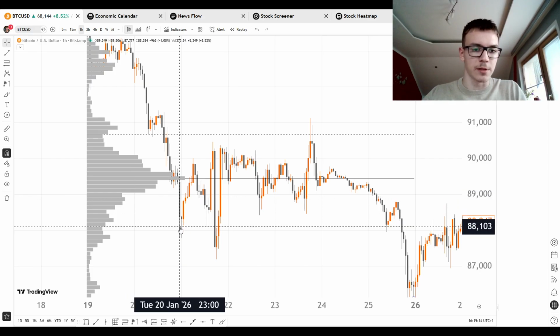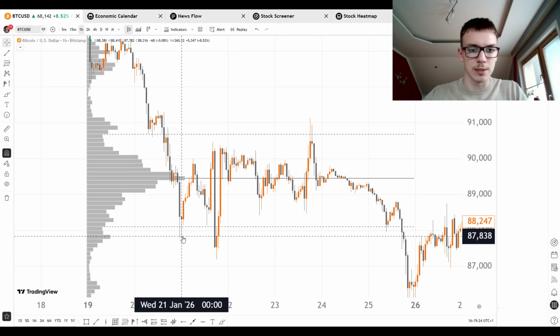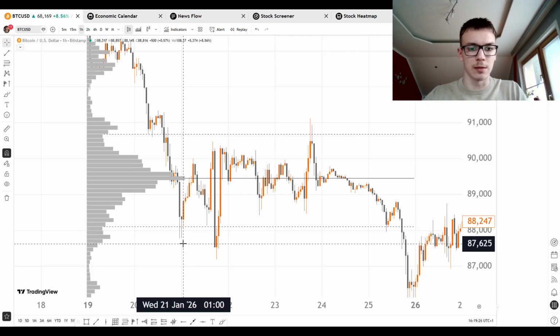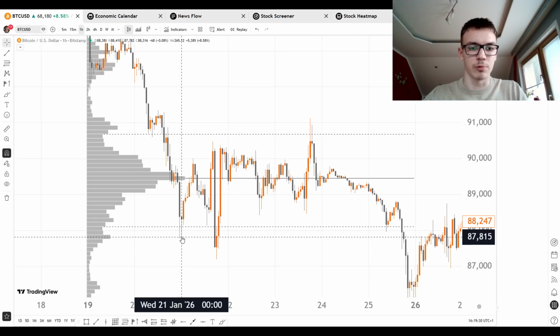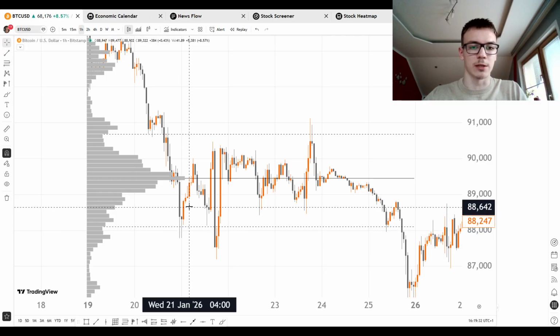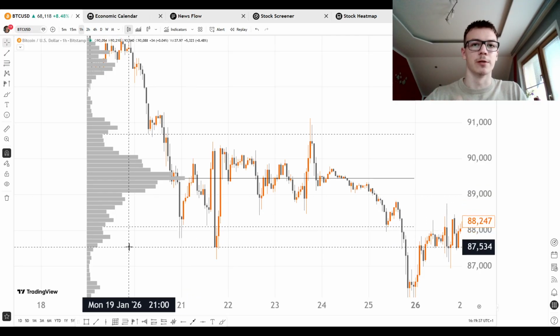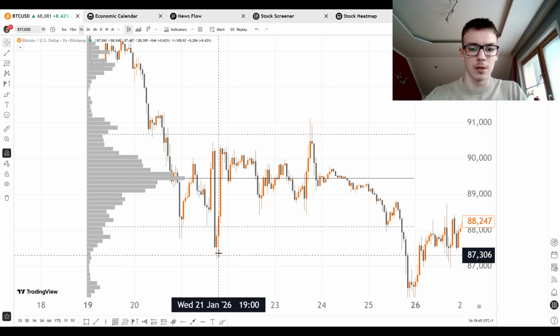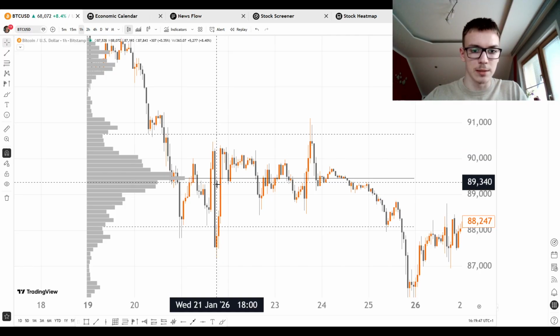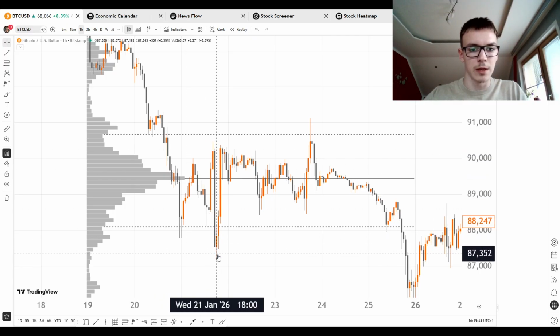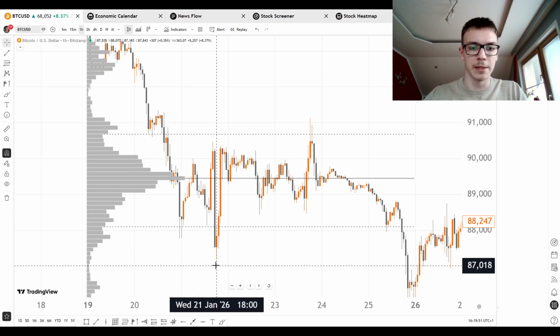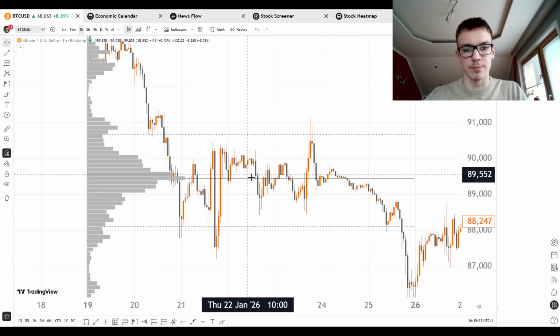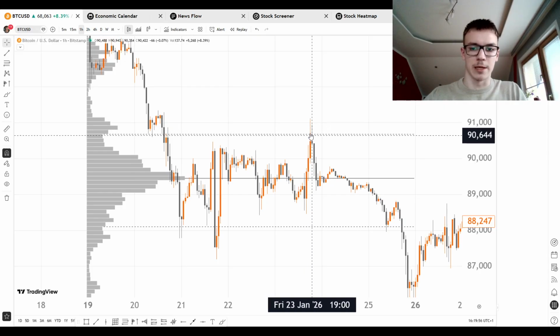But right after that, you can see that buyers started stepping into the market and potentially overtaking the sellers. And this is where price rejected here, which tells you there was not enough selling pressure. And again, here, price dipped below this low, but again, there were enough buyers to push the price back up. And also for this high right here.